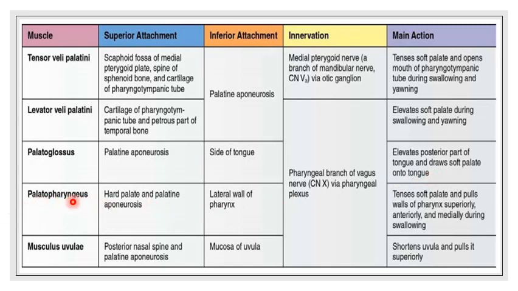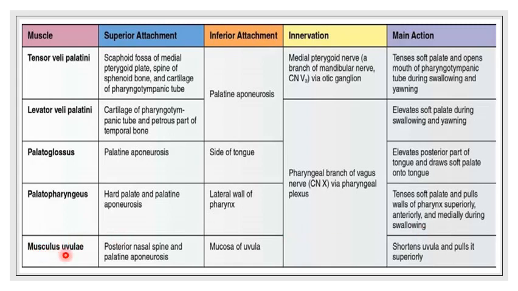Then the palatopharyngeus muscle. It arises from the hard palate and palatine aponeurosis, and inserts on the lateral wall of the pharynx. It tenses the soft palate and pulls the walls of the pharynx superiorly, anteriorly, and medially during swallowing.